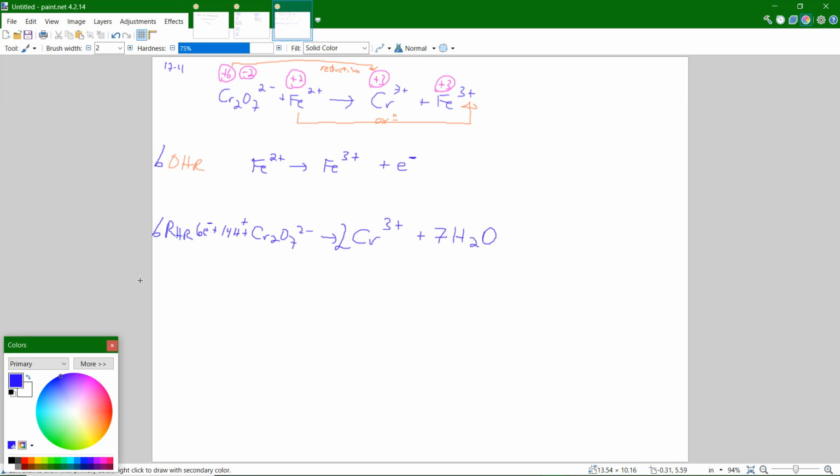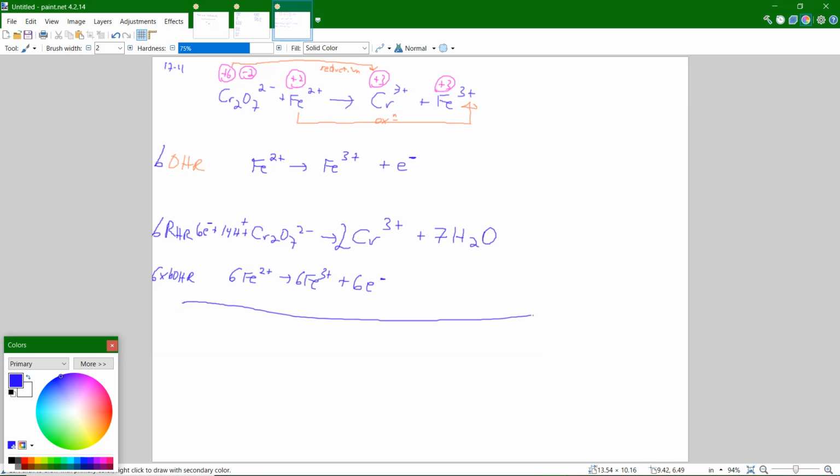Now I want to get the whole thing together, get the band together again. I can't just add the Bohr and the Bohr together because I cannot have electrons left over when I combine them. Right now I got 1 electron on the right and 6 electrons on the left, so I have to take 6 times the Bohr. I'm finding the least common multiple of these, so I get 6 Fe2+ goes to 6 Fe3+ plus 6 electrons.